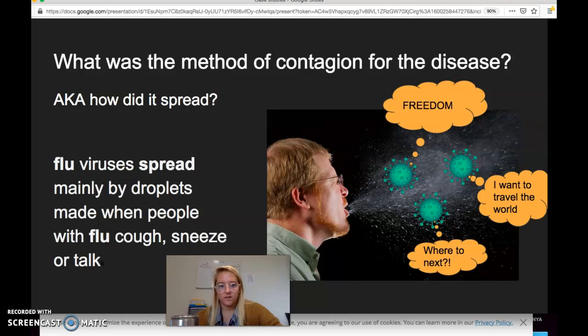Okay, what are the methods of contagion for this disease, aka how does it spread? The flu virus spreads mainly by droplets made when people with the flu sneeze or talk. So here's my picture right here, somebody sneezing, I've got little viruses coming out of the sneeze, and they're saying funny things like freedom or where to next, and then maybe one wants to cause a pandemic, so it says I want to travel the world.